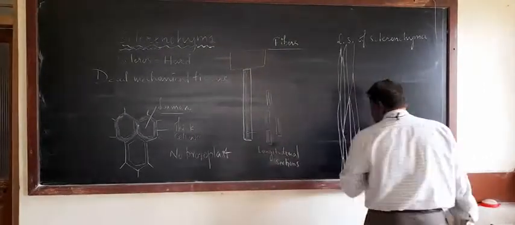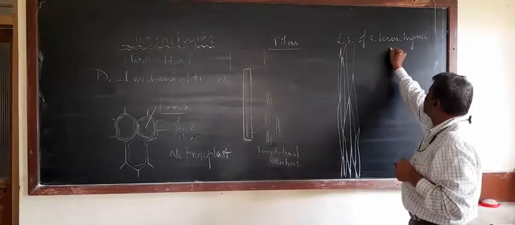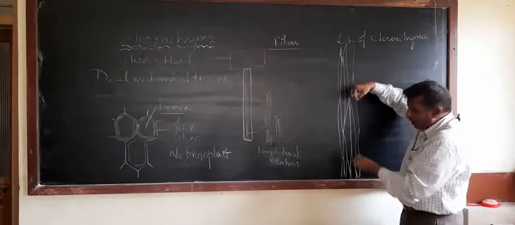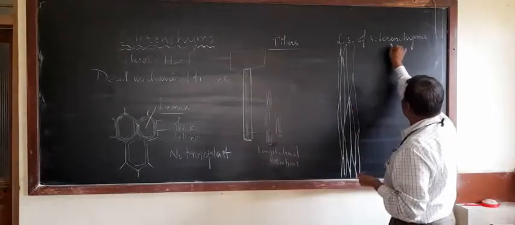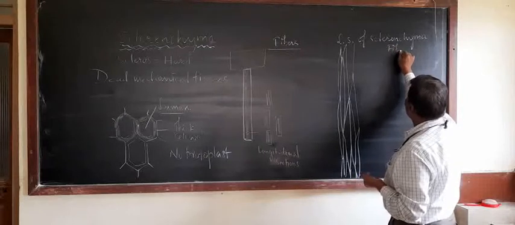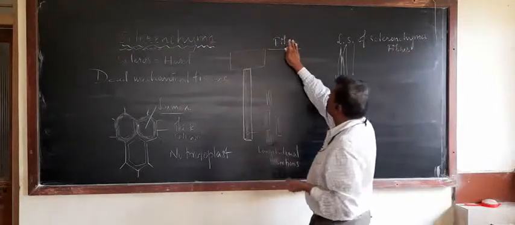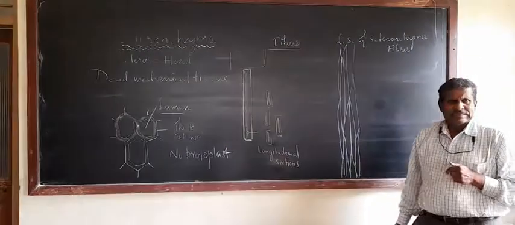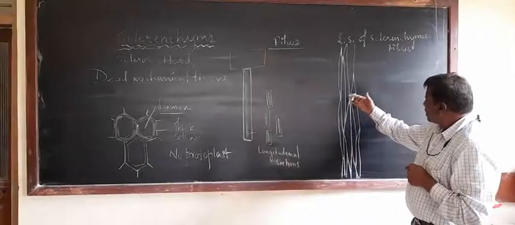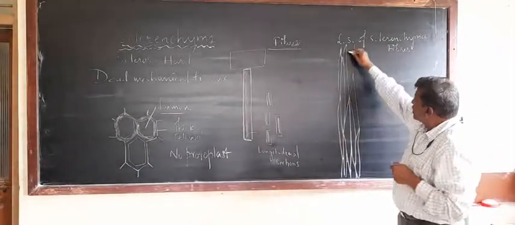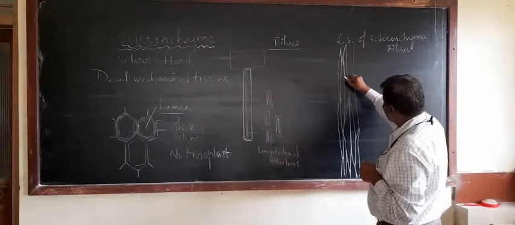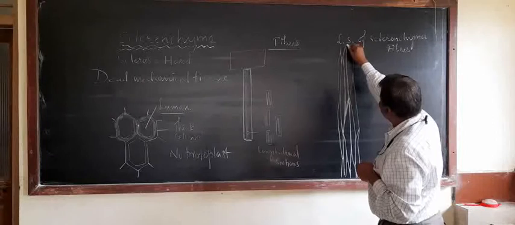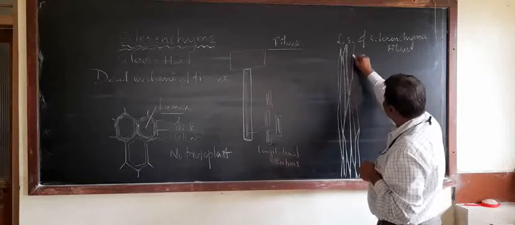As far as the cells are concerned, they are very much elongated and they look like fibers. That is why we refer to them as fibers. These are Sclerenchyma fibers. Every cell present in the Sclerenchyma fiber usually has a thick cell wall.